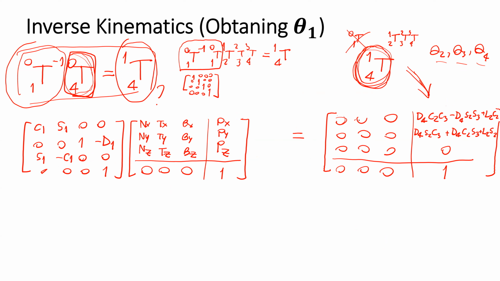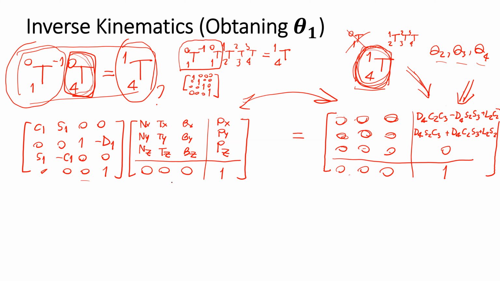It will have the complicated term for the orientation, and have the position on this side. So what is the meaning of this? Why we need to obtain this one? Because this should be equal.